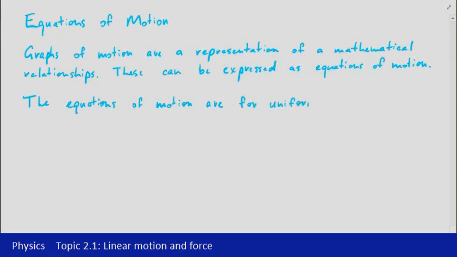So by that, what we mean is that the value of the acceleration will be constant. So in other words, what we're really saying is that the value of a is going to be equal to a constant. So it's not going to vary across the motion that we're interested in.